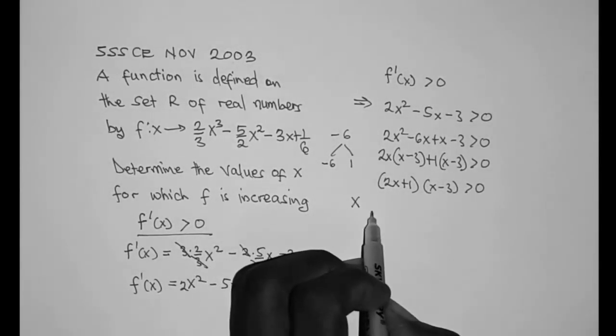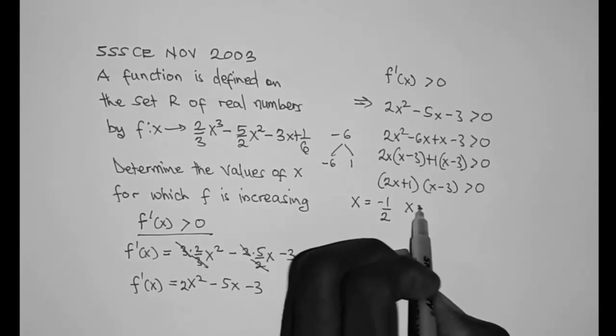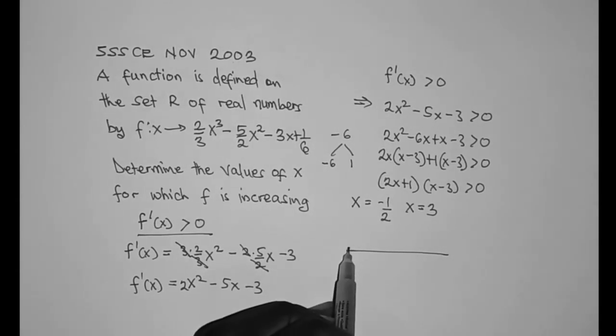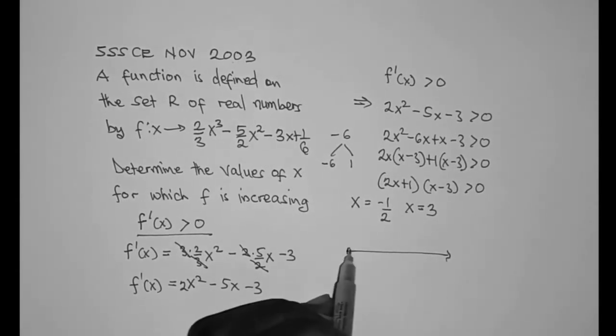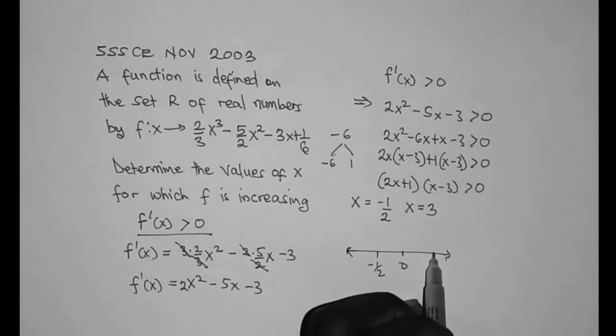So the values of x are x equals minus 1 over 2 and x equals 3. So these are the values of x that we got. Let's then plot these values on a number line. So assuming this is our number line, 0 is here, and we have minus 1 over 2 and then 3.